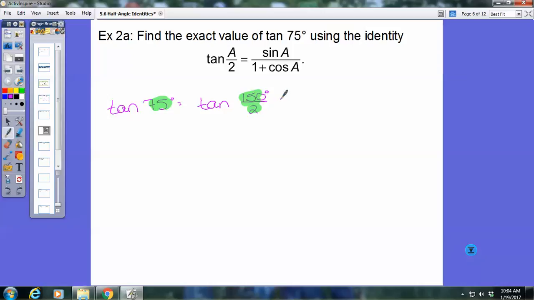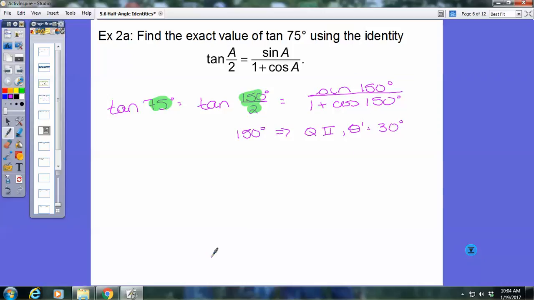So my A value here is 150. Okay, so let's talk about the 150 degrees for a minute. What quadrant is that? Okay, reference angle.